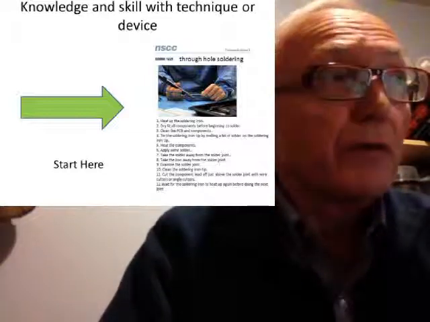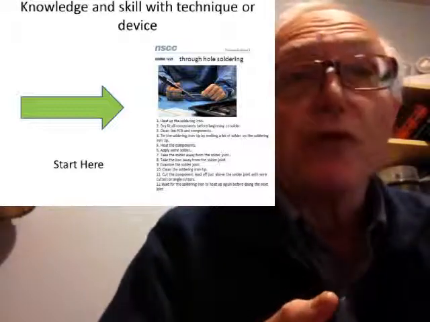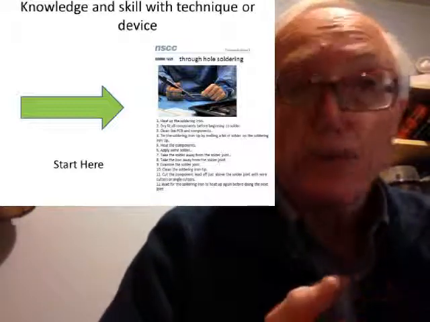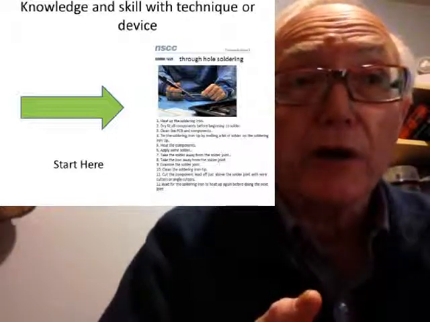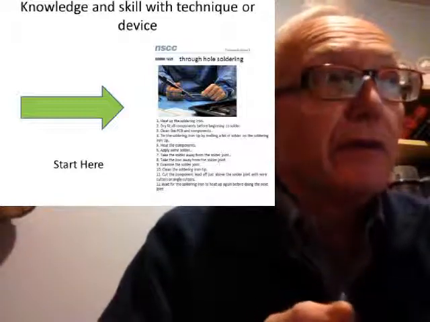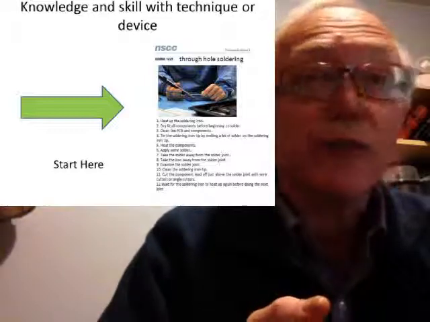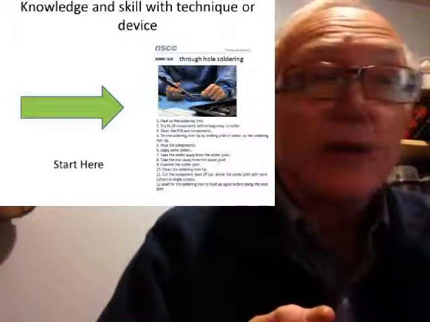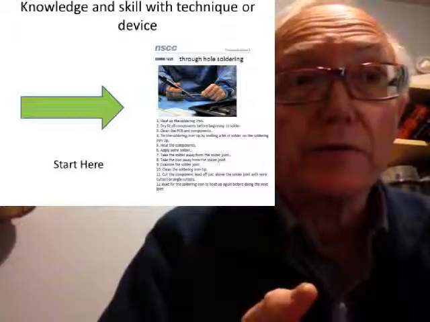This example shows how someone who knew the 12 steps for through-hole soldering arranged them nicely in a Word document with a picture, and that represents the completed knowledge and skill with a technique. The technique in this case is through-hole soldering.